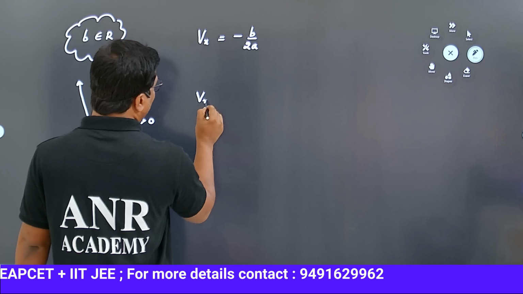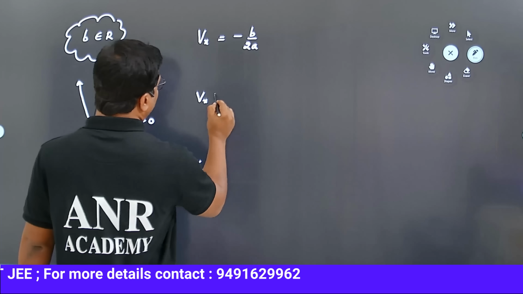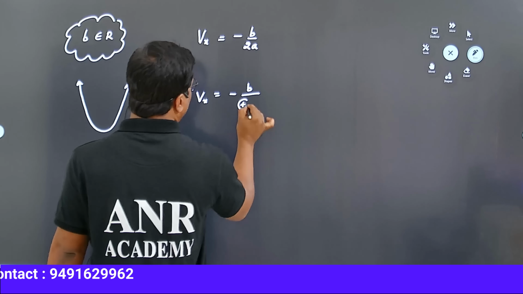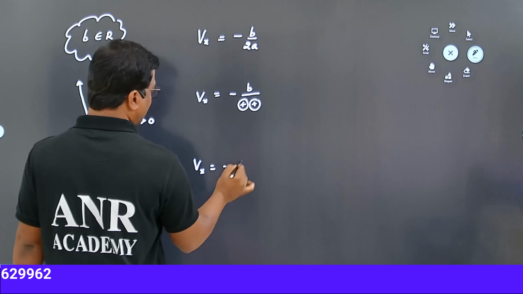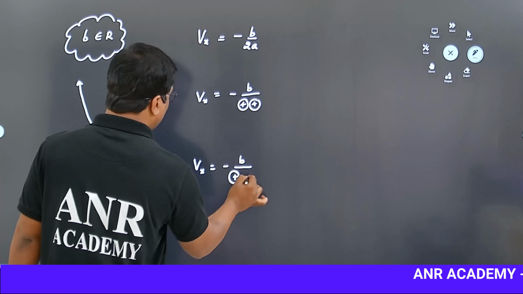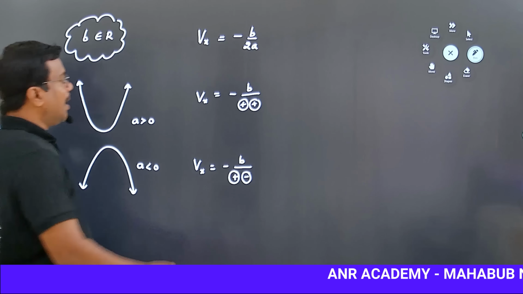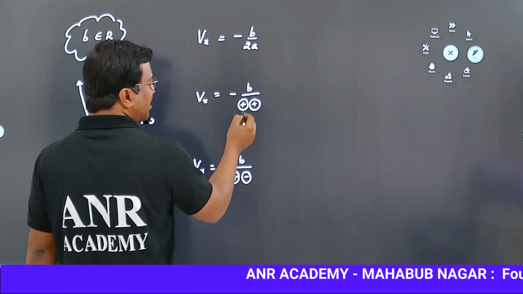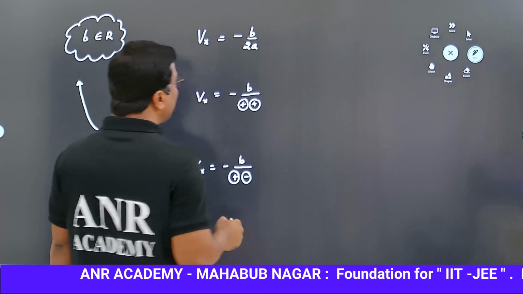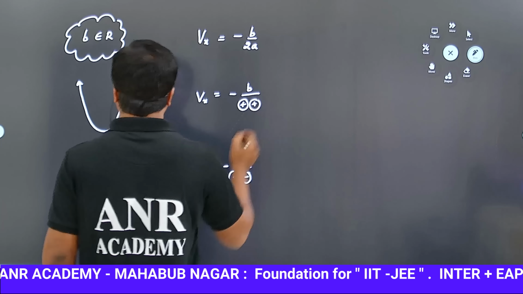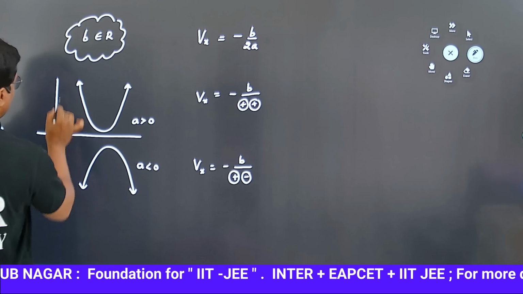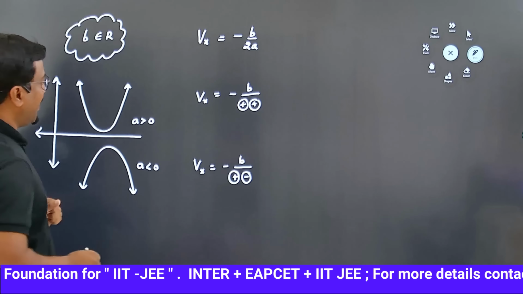Here the value of Vx becomes minus b, as it is, over 2 positive, a positive quantity. Next, in the second case, the numerator is b as it is, 2 positive, and a negative, since a is less than 0, so plus into minus gives negative, so minus b. Suppose both the graphs are entirely on the right side of the y-axis.